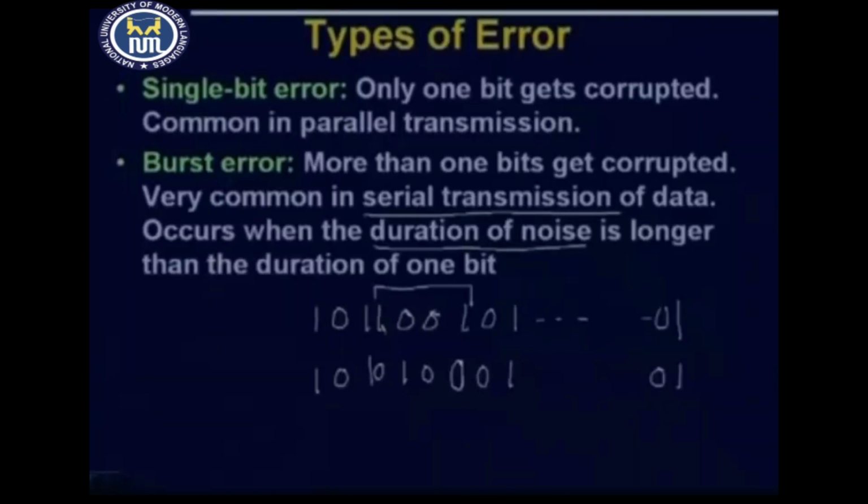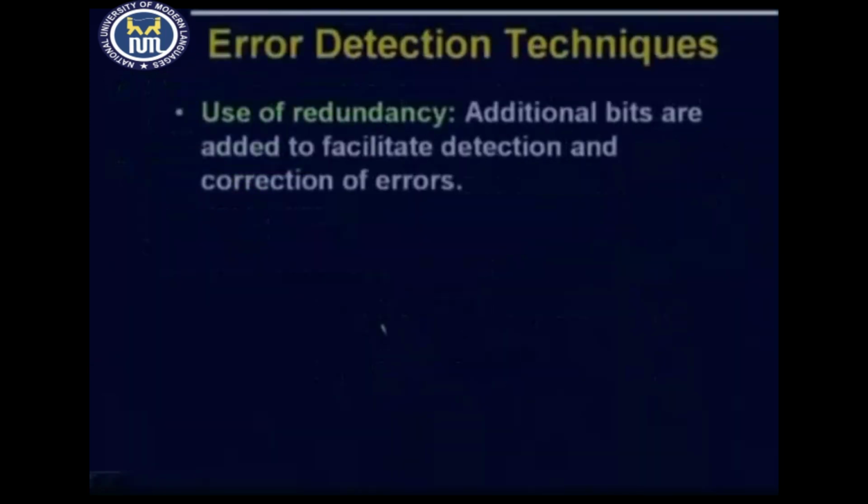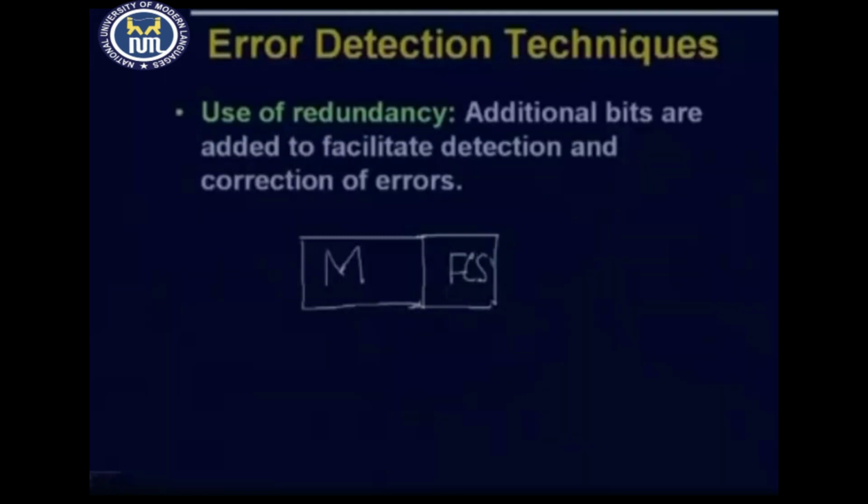So what we need to do is to develop a technique that will not only detect single bit errors but can also detect burst errors. So how is it done? We have to use redundancy. What is redundancy? Let's suppose this is your message. It may comprise several bits in sequence. We need to put some additional bits, which are called the frame check sequence.